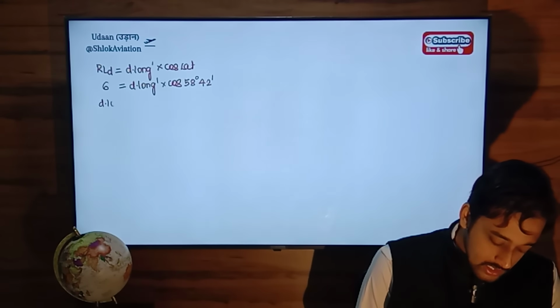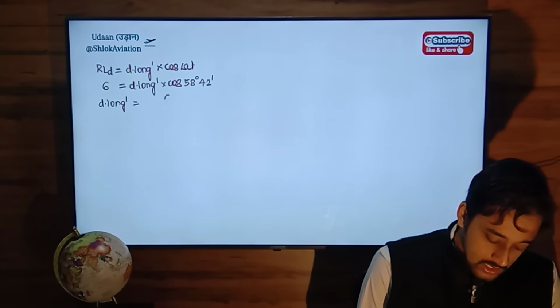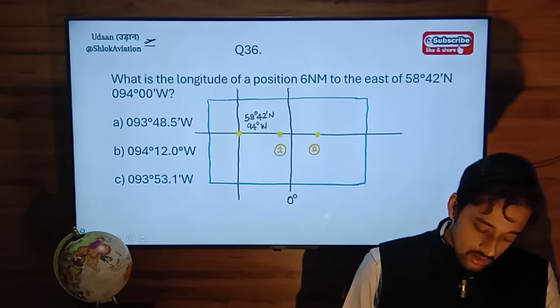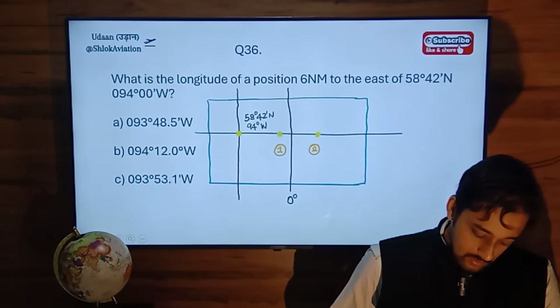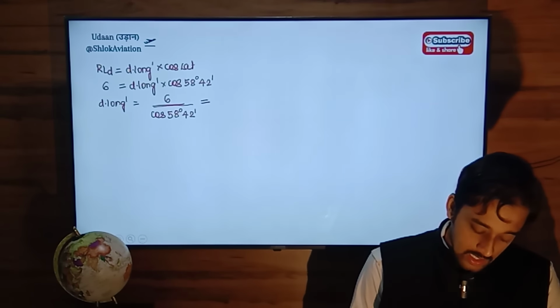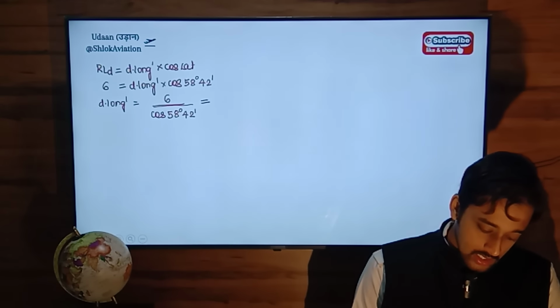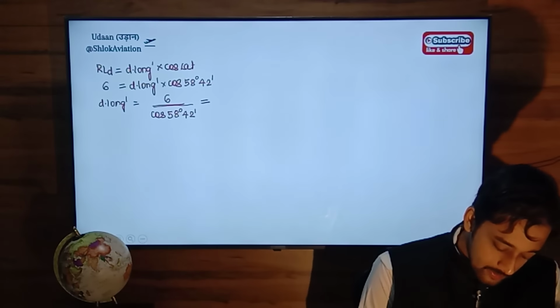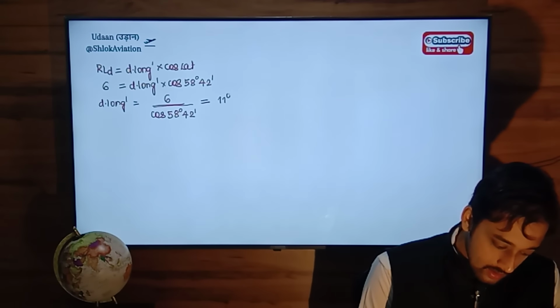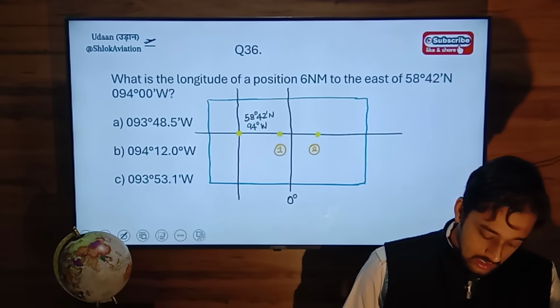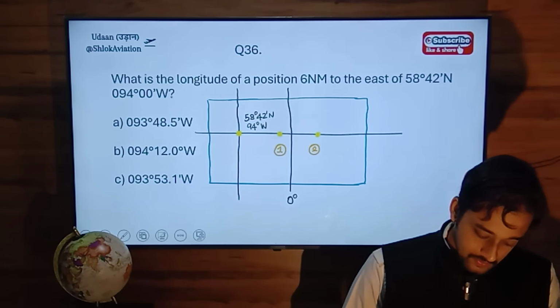D long in minutes equals 6 divided by cos 58 degree 42 minutes. So 6 divided by cos 58 degree 42 minutes is 11 degree 32 minutes.